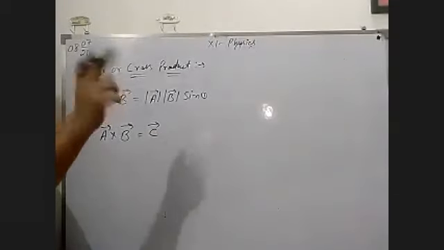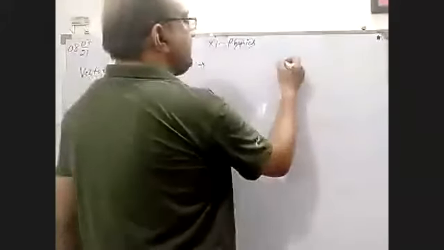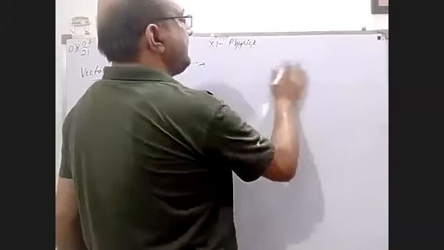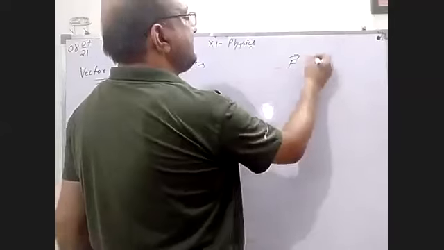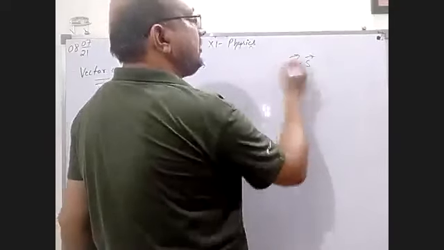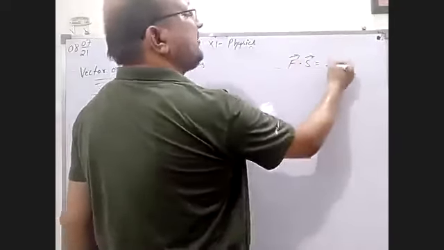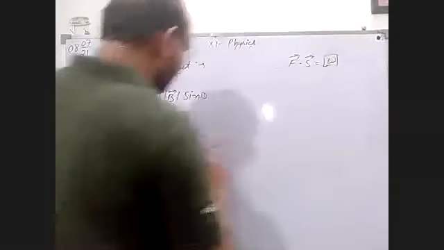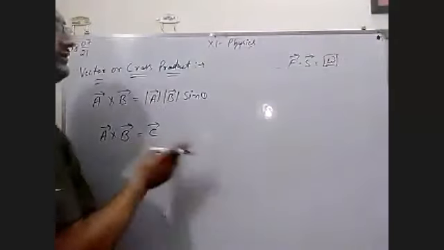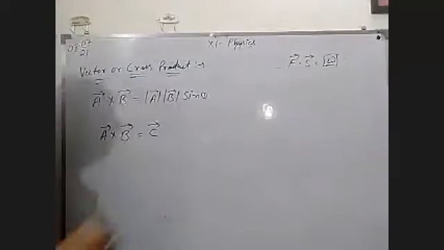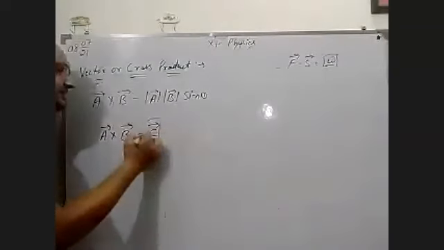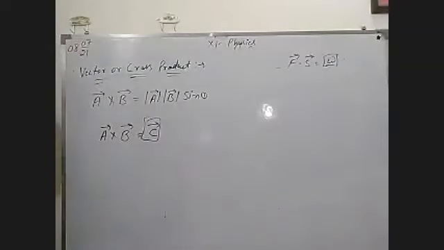Suppose force is a vector, displacement is a vector, and the dot product gives you the scalar form value. But in this, if two vectors are multiplied, then the result will be a vector.